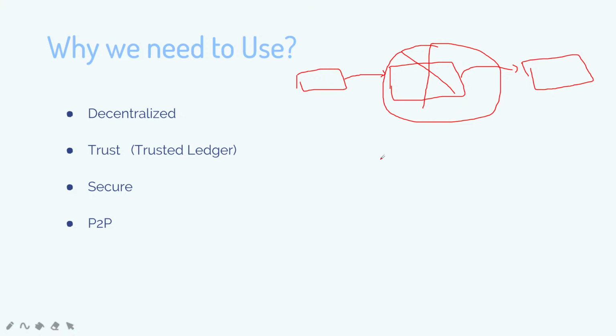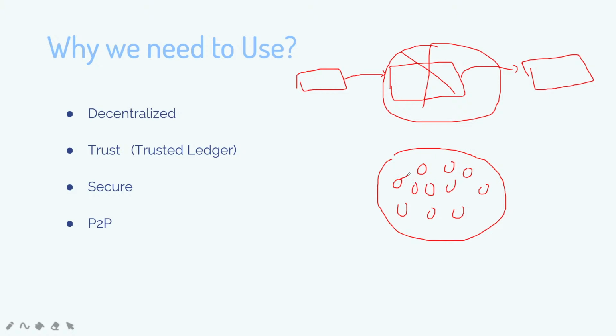If you take a decentralized network, for example, we will join this community. Here you can see we have n number of nodes. Nodes are nothing but PCs or mobile phones, anything. Each and every mobile phone and PC is connected with each other.